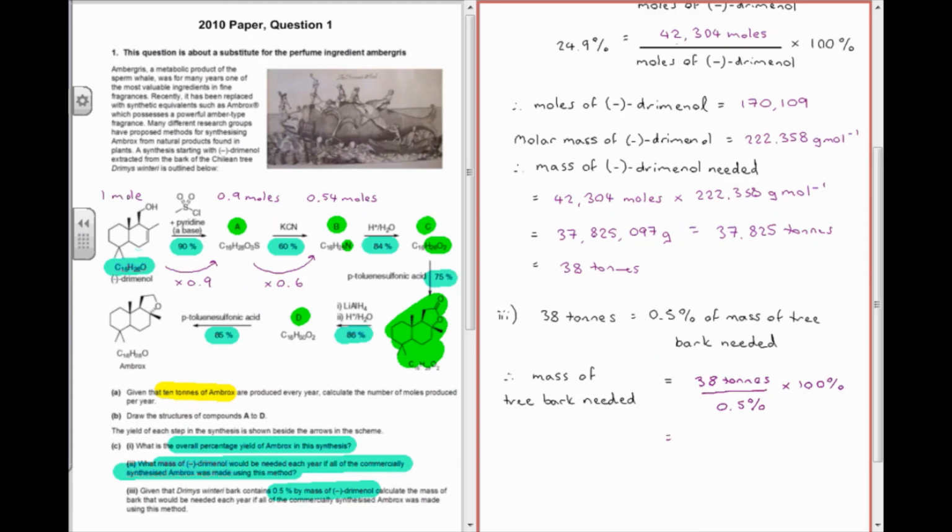And if we do that calculation, we come up with an answer that we would need 7,565 tonnes of tree bark, which again we can only give to two significant figures of 7,600 tonnes. And so you can see that we actually need a very large mass of tree bark in order to produce the amount of ambergris that is needed for these synthetic perfumes.